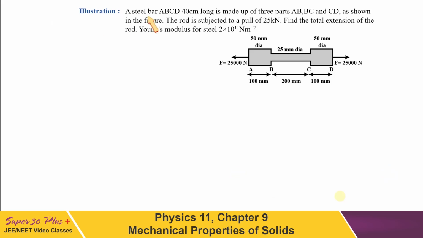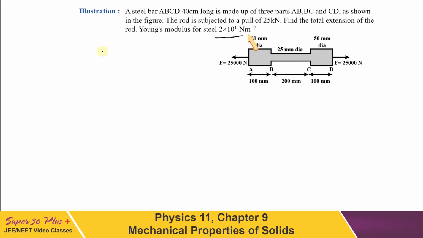Let us take one illustration now. A steel bar ABCD, which is of 40 cm length, is made up of three parts AB, BC and CD. The rod is subjected to a pull of 25 kN, as shown here. Find the total extension of the rod. Young's modulus for steel has the value 2 into 10 to the power 11.